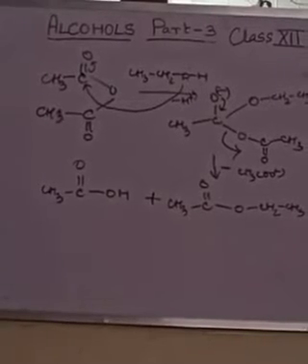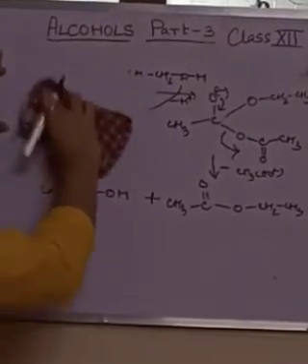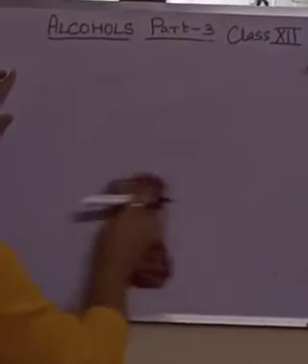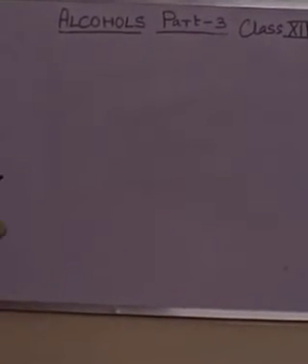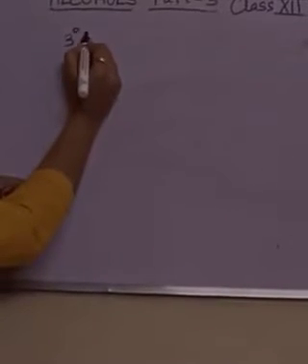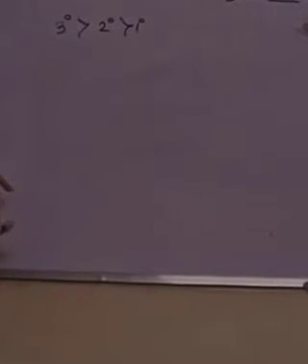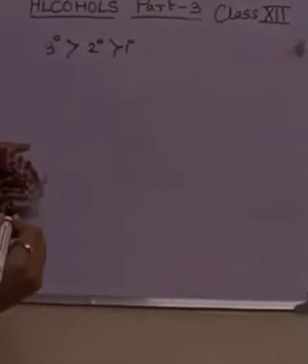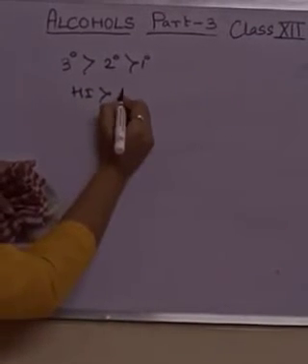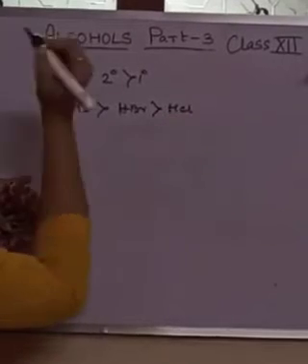Next I'll come to the reaction with halogen acids. With halogen acids, the reactivity of alcohols is such that 3 degree alcohol is more reactive than 2 degree, than 1 degree alcohols. And halogen acid reactivity is such that HI is most reactive, then HBr, and least reactive is HCl.